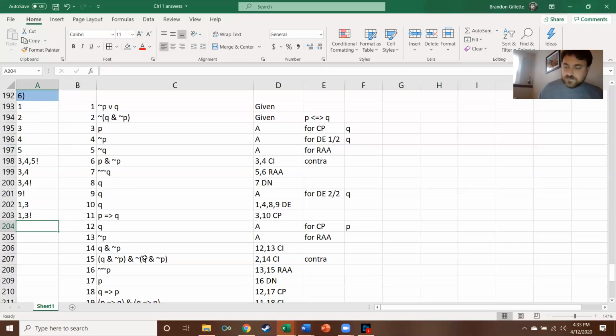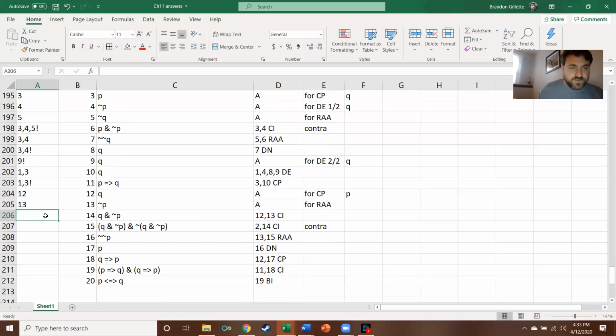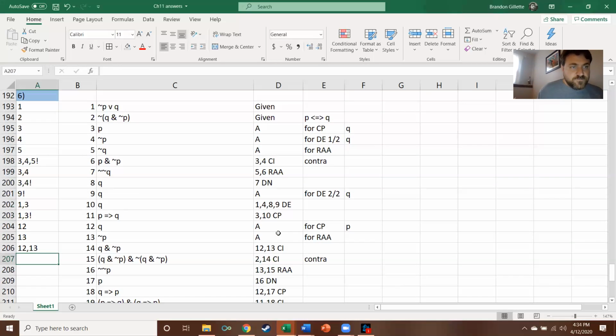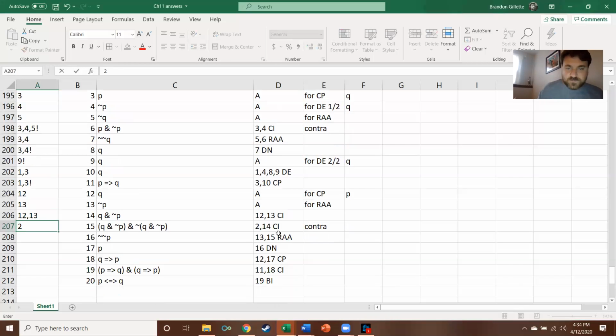Okay, so let's continue. Line 12 is an assumption, so it depends on itself. Same with line 13. If we're putting 12 and 13 together, right, that's going to depend on the assumptions made on line 12 and 13. Line 2 depends on itself. Line 14 depends on 12 and 13. Okay. And of course, 13 is going to be discharged here when we get the contradiction.